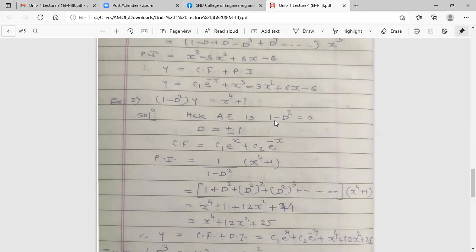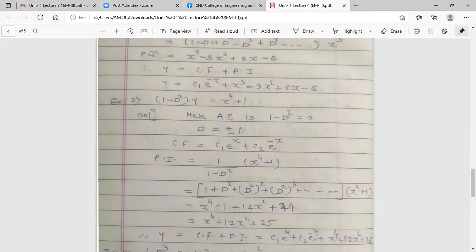So the factors for this quadratic equation are here: D is equal to plus 1, minus 1, because if we shift this minus D square here, it will be plus. So D square is equal to 1 means D is plus or minus 1. So the complementary function is c1 e raised to x plus c2 e raised to minus x, because there are two roots and they both are real and distinct.